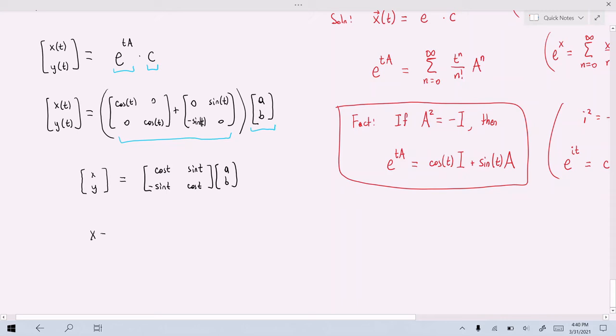That gives us x equals a cosine t plus b sine t, and y equals minus a sine t plus b cosine t, just multiplying these out. So these are the equations of our characteristics, okay?